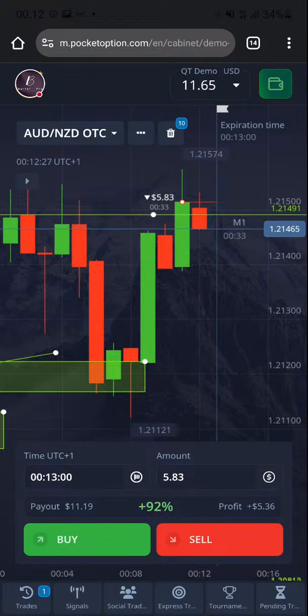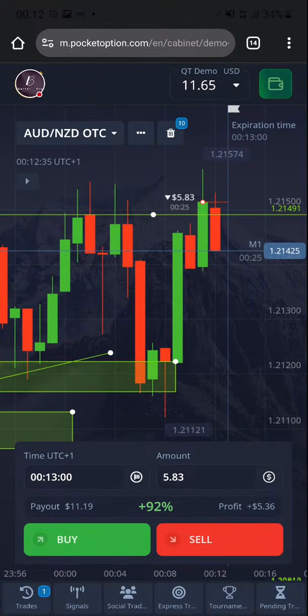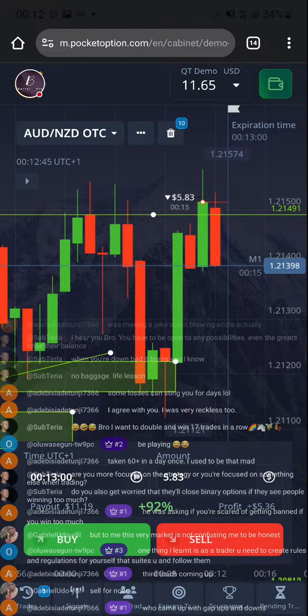The sellers should not come in. The sellers can come in, but usually they should not. So that still tells you there's something wrong with this market right now. So usually, if I detect the market like this, I will not take the trade.